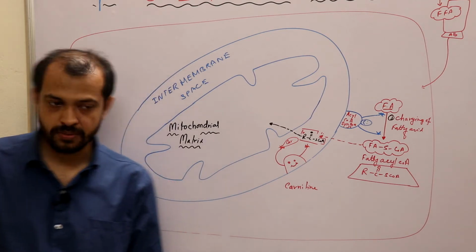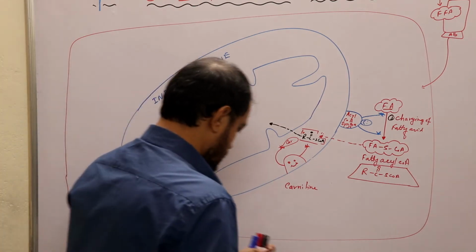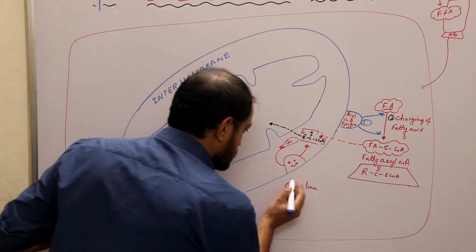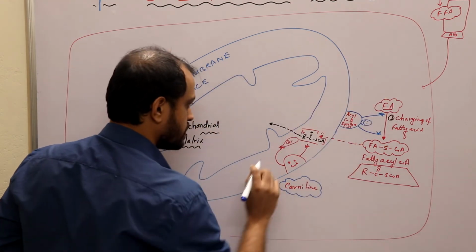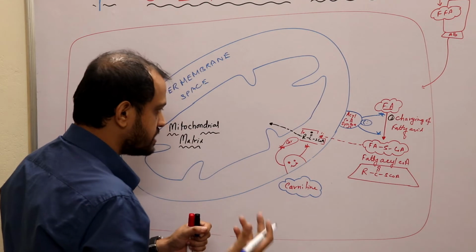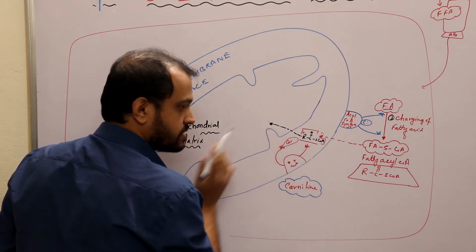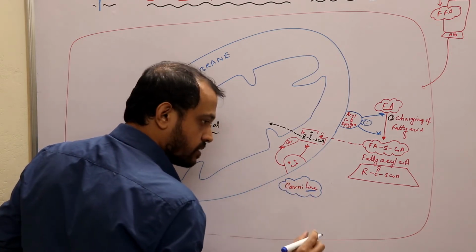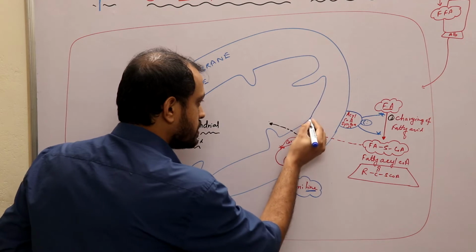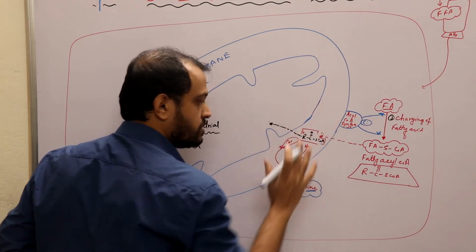Carnitine is actually made up of lysine and methionine. Okay, it's an alcohol. Now you should understand what carnitine is doing. Listen, carnitine is like a ticket using which it can overcome the barrier of the inner mitochondrial membrane.